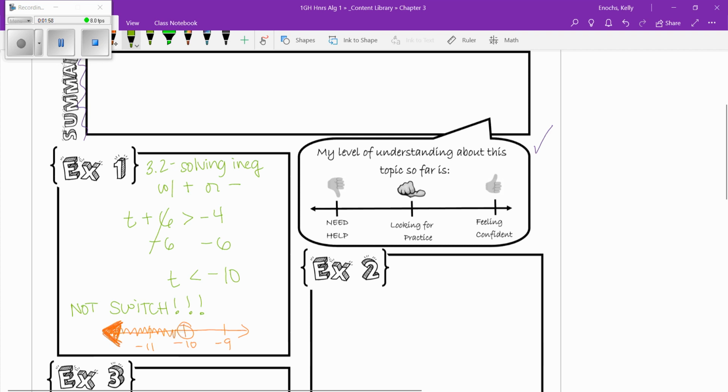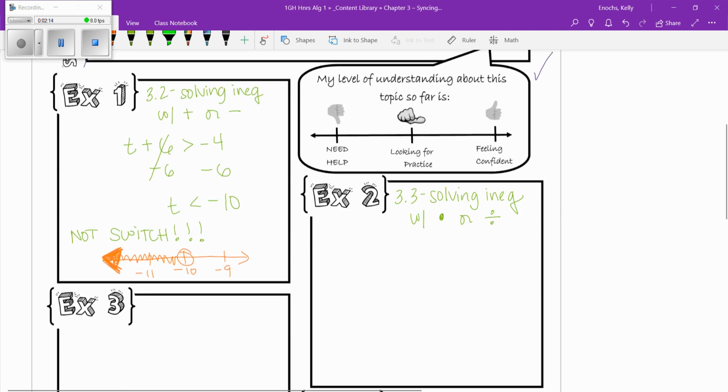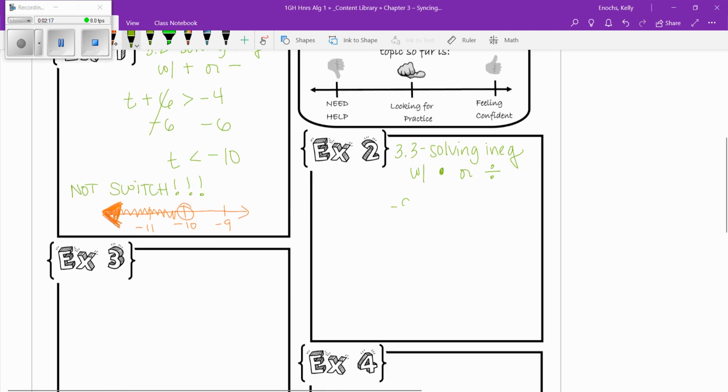All right. So moving on to section 3.3, which would be solving inequalities with multiplication and division. Let's just do our times or division. Our example here is going to be negative 9y less than or equal to 63.